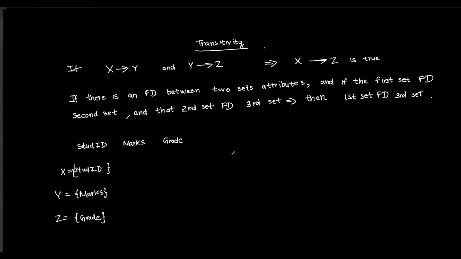Let's say the given FDs are X functionally determines Y and Y functionally determines Z. You can say from this, X functionally determines Z. So stud ID functionally determines grade. This is transitivity. Pretty easy.